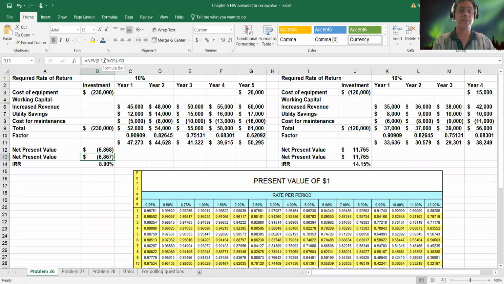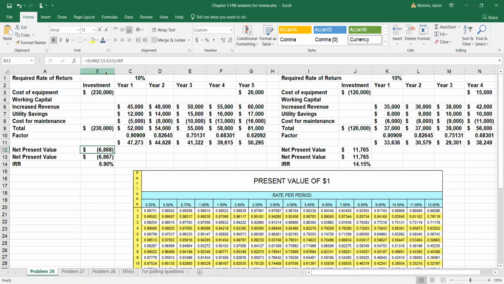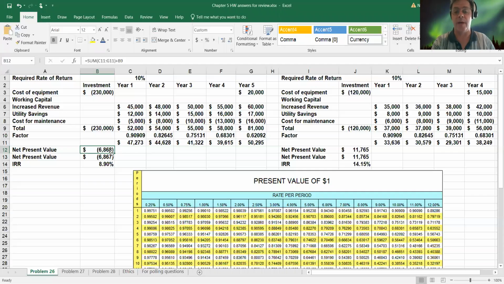In 26, you did it this way, which is summing up these numbers. And you're absolutely correct. If I change my, because the percentage isn't in there, it's based on these formulas. So to change your interest rate on that method, you would have to go to a different column and use different factors.